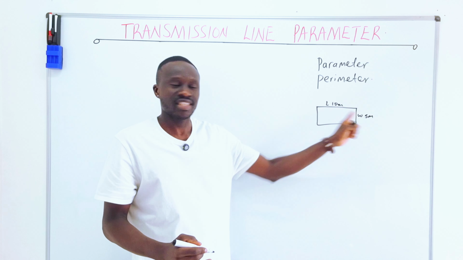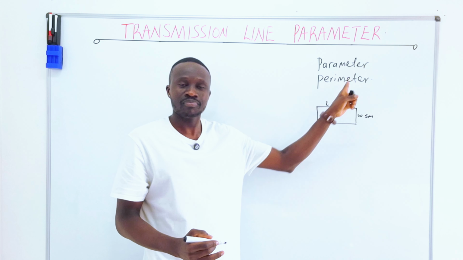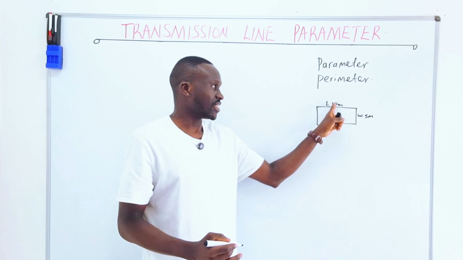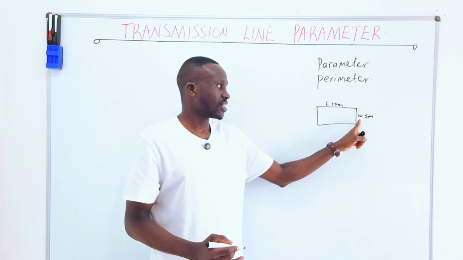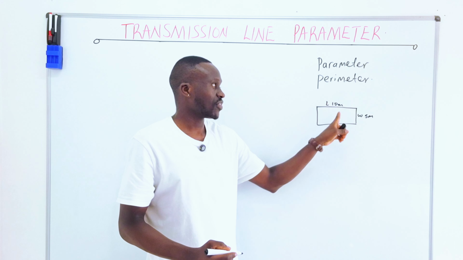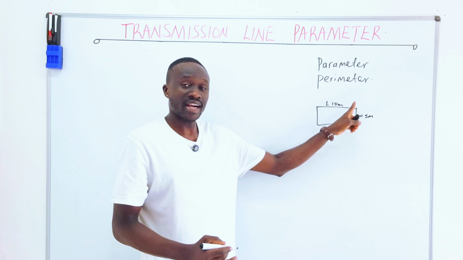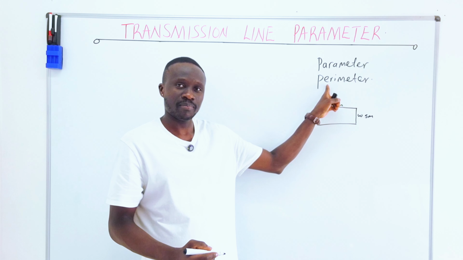What is the total distance? This is when you're learning perimeter. If it is the total distance around the shape, it is the perimeter.